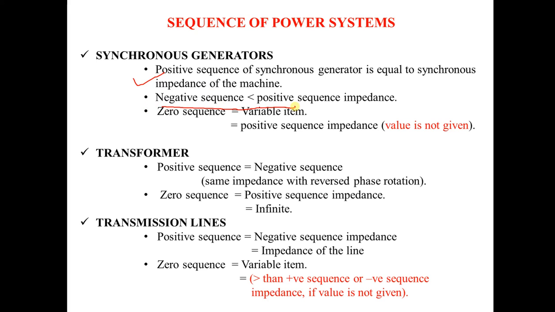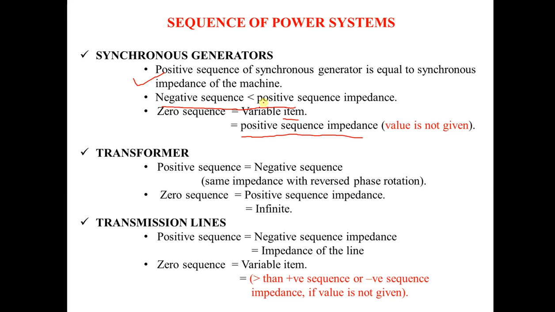For zero sequence impedance, the value is variable, and if the value is not given, it is assumed to be equal to the positive sequence impedance.